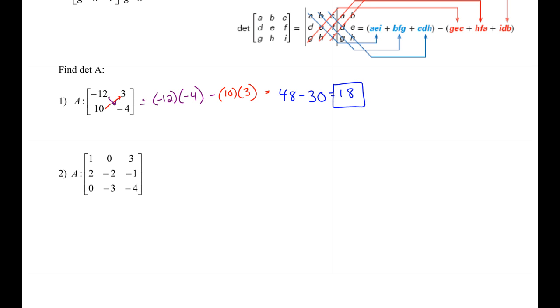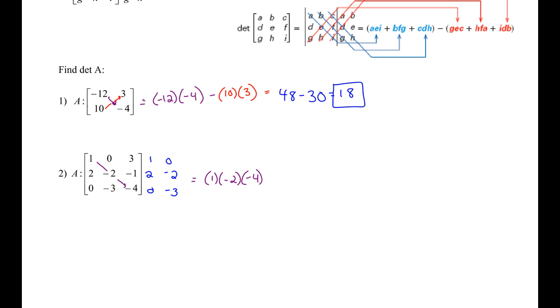For the second one, my first step is to recopy the first two columns. And then I'm going to do the same thing. I'm going to find the product of the diagonal down. So my first one is 1 times negative 2 times negative 4.